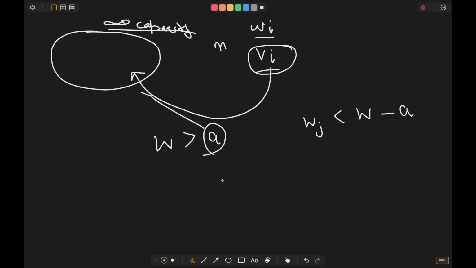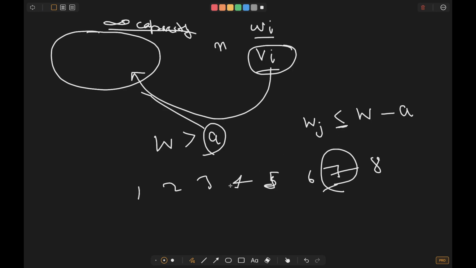So notice that, let's say these are the weights, 1 2 3 4 5 6 7 8, and let's say a is 3, and you are putting this weight 7, then 7 minus 3 is 4. I think equal is also here. You can check in the problem, it's really irrelevant.